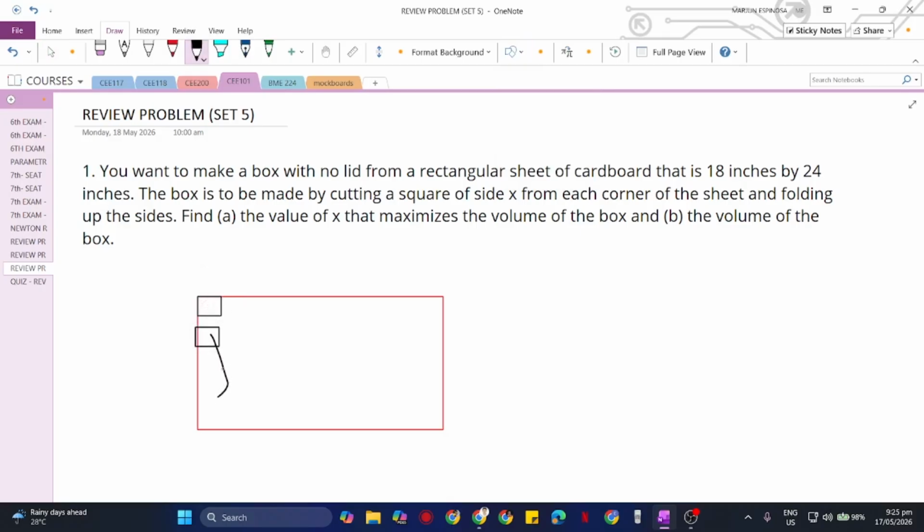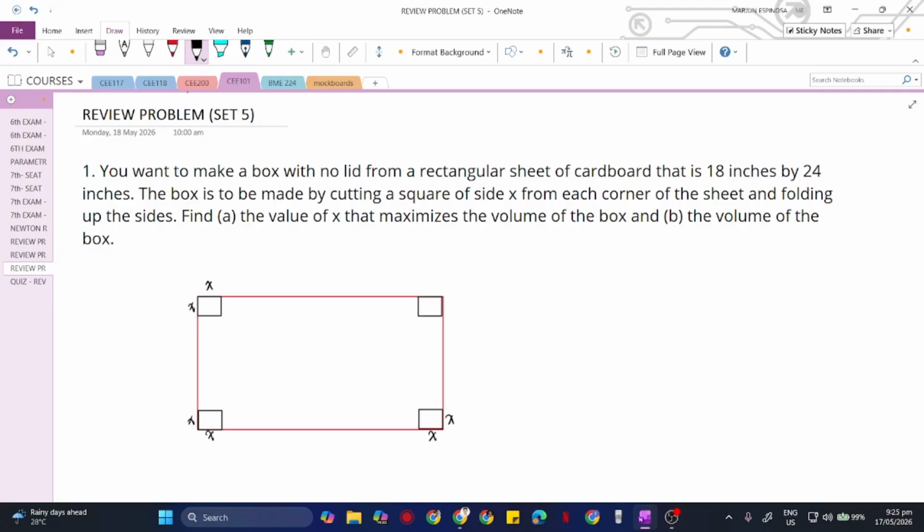Let us just copy this one. So we will be cutting a square from each corner, like this one. We're cutting a square having dimensions of x by x.